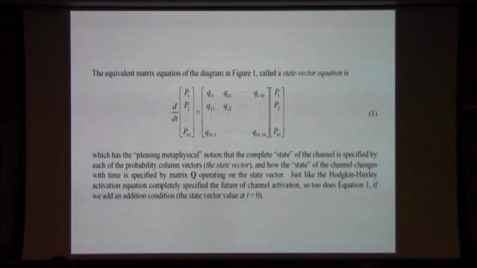So d by dt of the state vector, what this really means is that dp1/dt, dp2/dt, we just bring that operator in here on all of them, is equal to this matrix called the T matrix, which is really just careful bookkeeping about the rate constants, times the state vector of the present time. So if I call this vector P, and this Q, dP/dt is equal to QP.